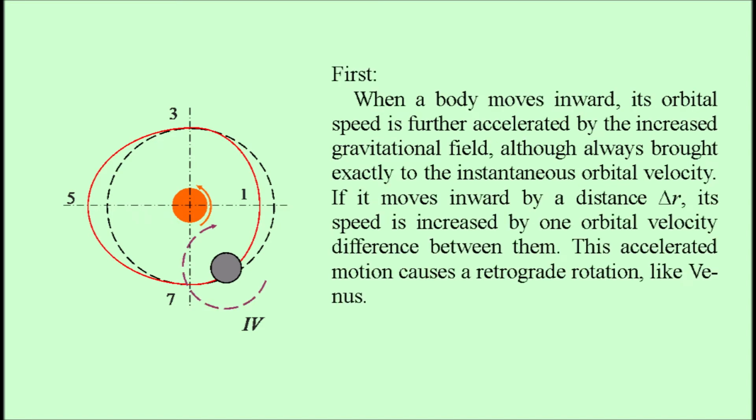First, when a body moves inward, its orbital speed is further accelerated by the increased gravitational field, although always brought exactly to the instantaneous orbital velocity. If it moves inward by a distance delta r, its speed is increased by one orbital velocity difference. This accelerated motion causes a retrograde rotation, like Venus.